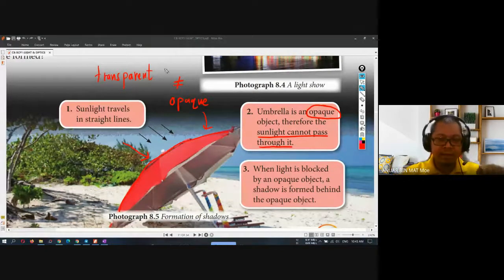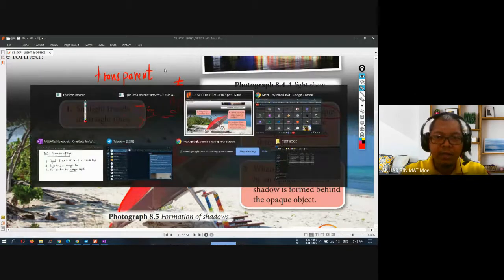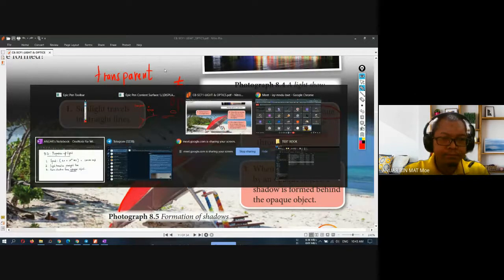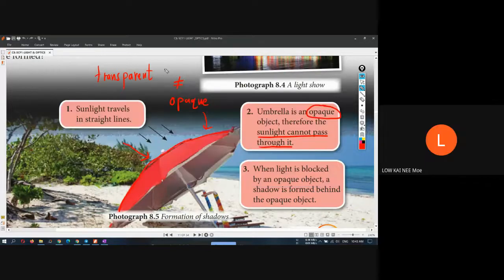Okay, class, very easy like here. What is the type of object that the light can pass through? Glass. Yes, very good.